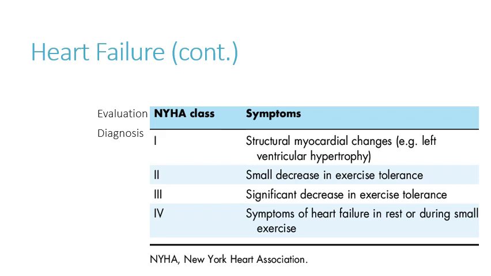There may be some changes, but your patient will not have any symptoms or complaint. Second is small decrease in exercise tolerance. Third, significant decrease in exercise tolerance. And 4 is symptoms even during rest.